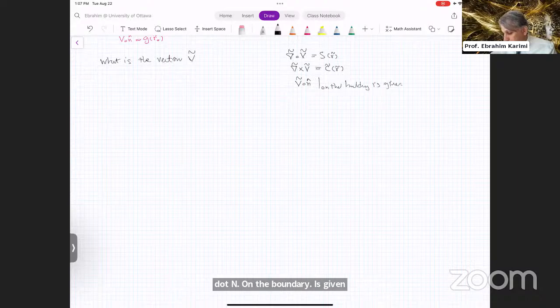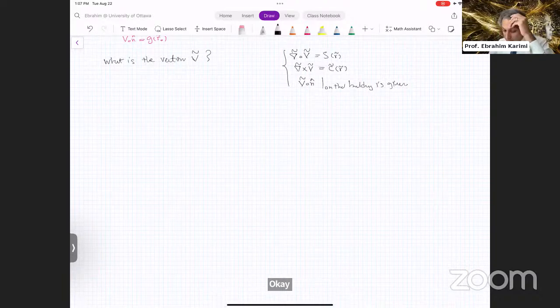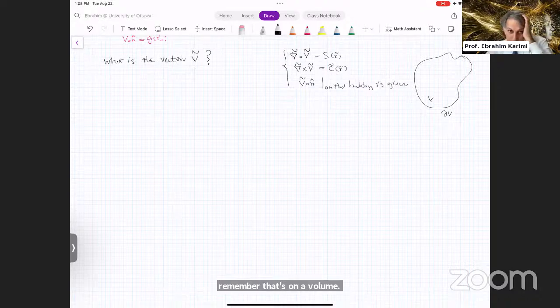Now the question is, what is the vector V? Remember, that's on a volume. That's what we call the second part of the Helmholtz theorem.